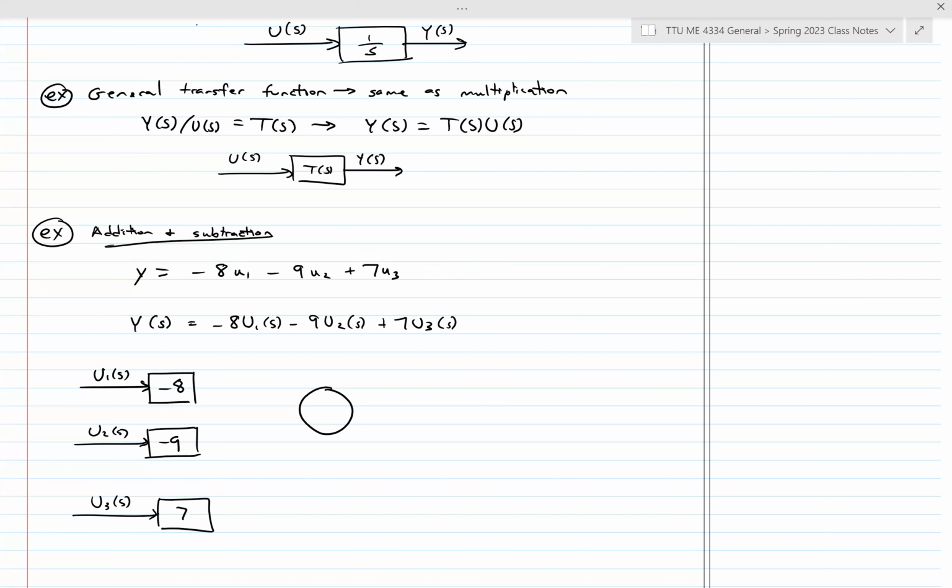All right. What do we do from here? So what's coming out of this block here? Right. So this is -8 u1 of s. This one is going to be -9 u2 of s. And this is 7 u3 of s. Okay. What do we do with these guys?